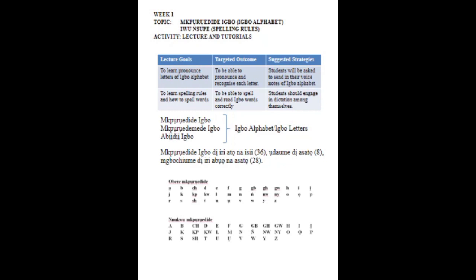Say that. Oda Ume. Say again. Good job. Oda Ume Igbo dị asatọ. This means that the Igbo vowels are 8 in number. Mgbochi ume is consonants. Say that. Good job. Mgbochi ume Igbo dị iri abụọ na asatọ. That is 28. It means that the Igbo consonants are 28 in number.